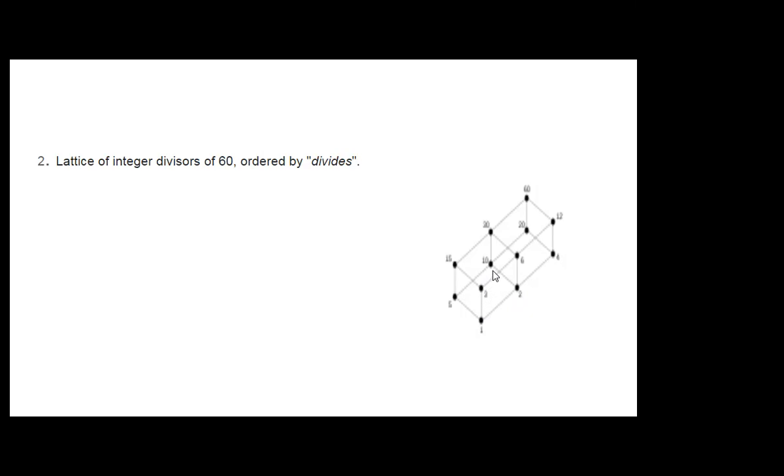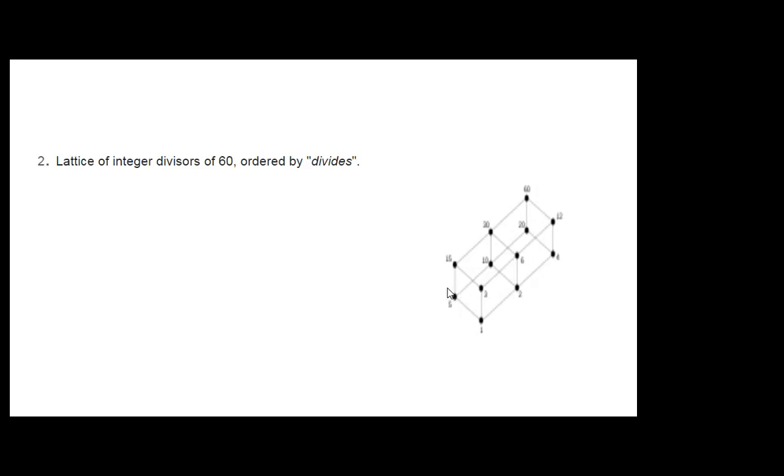Because 10 divides 60. Then how many elements are further which divide 60? 12 is there, 20 is there, okay? 12 times 5 is 60, 20 times 3 is 60.